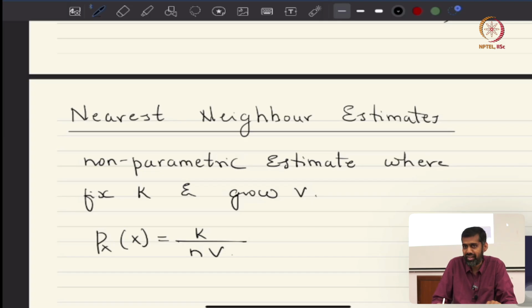Now how do you do it in practice? Let us look at one example to do it in practice.